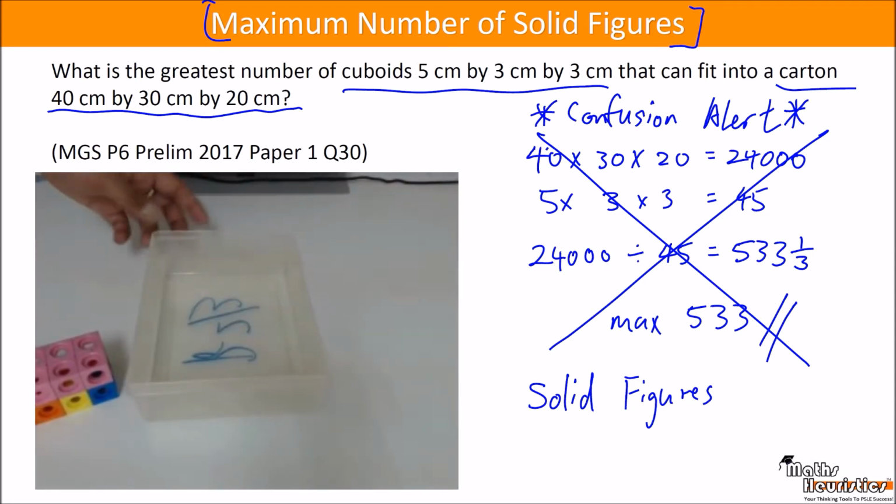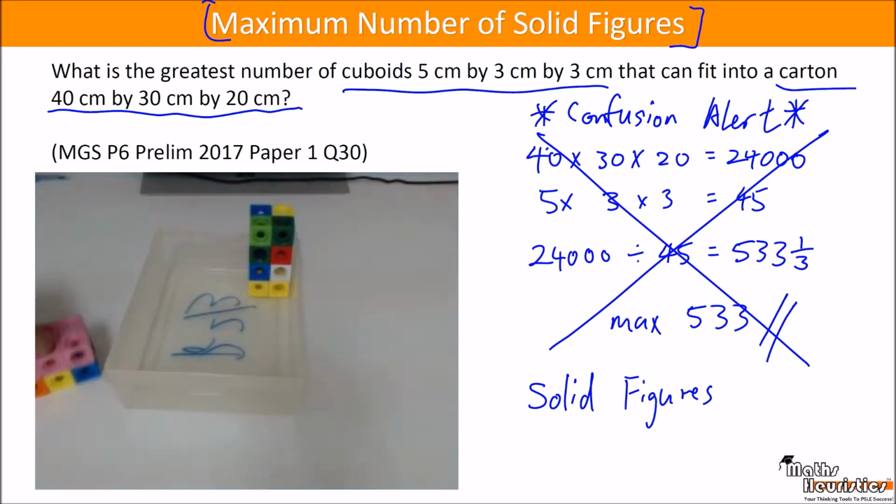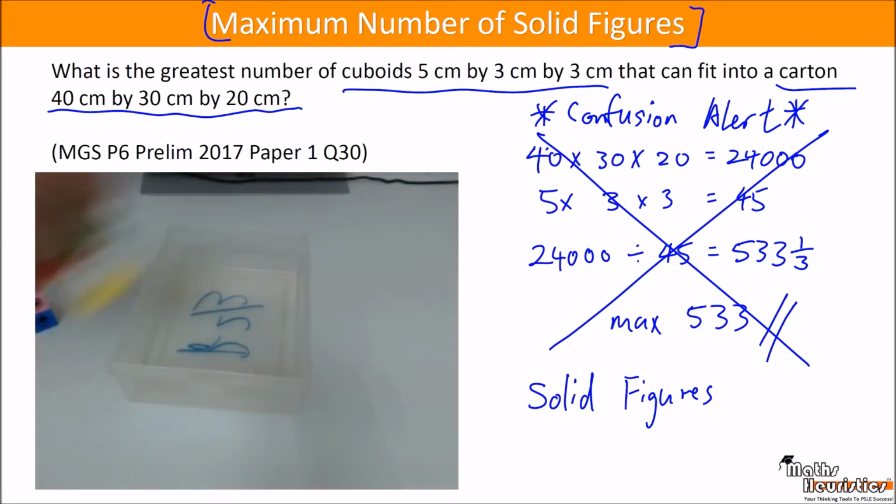Now for this container, it cannot be put in vertically and covered with the cover because it's too high. So it can be observed that there are 3 ways to arrange the cuboids so that they can fit into the container and maximize the number of cuboids that can be fit in.